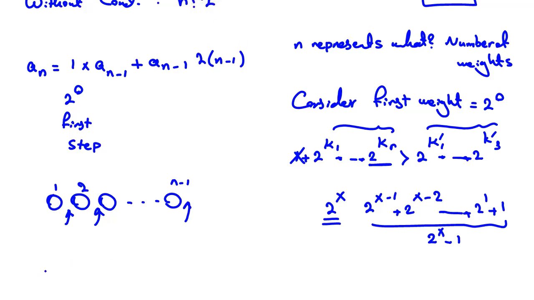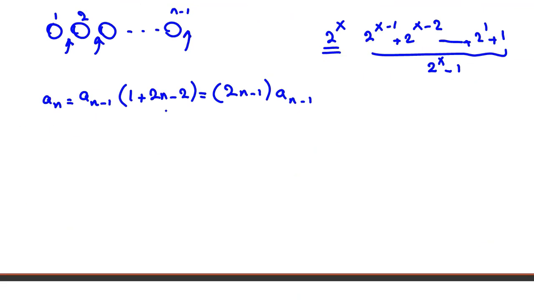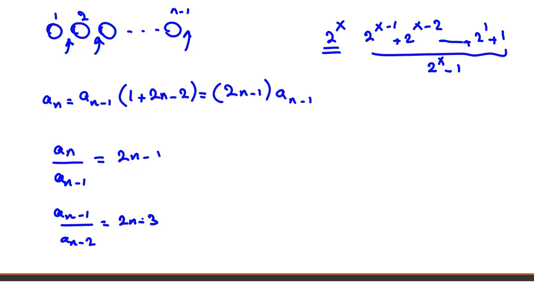Okay, so if you simplify, a_n equals, if you factor out a(n minus 1), a(n minus 1) times (1 plus 2n minus 2), which is (2n minus 1) times a(n minus 1). Again, also for this problem of IMO, we need to use the telescoping rule, but here a telescoping product. a_n over a(n minus 1) is what? 2n minus 1. a(n minus 1) over a(n minus 2) is 2 times (n minus 1) minus 1, which is 2n minus 3.